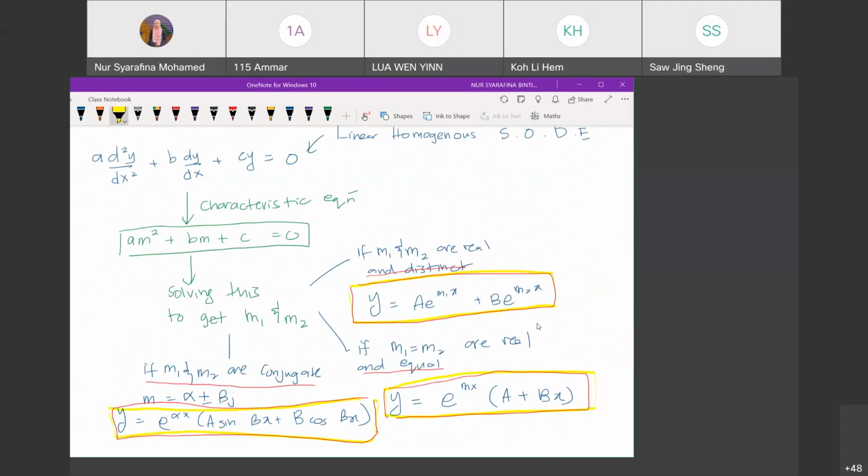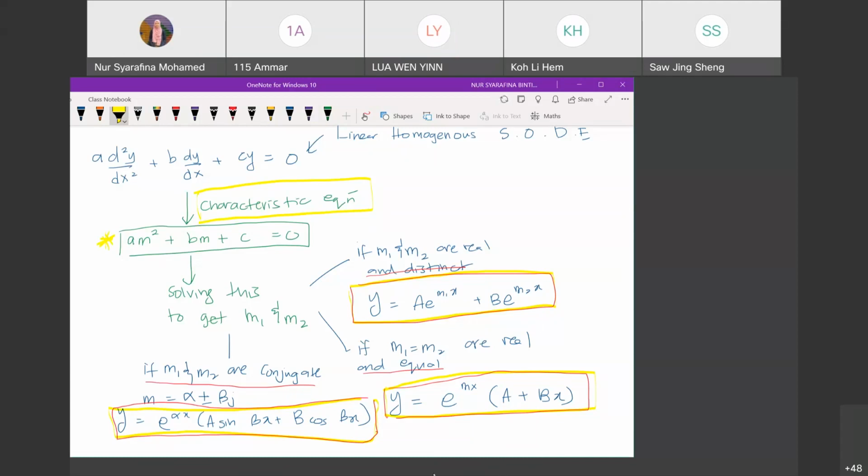Before you can find the solution, first thing first, you need to convert to the characteristic equation and solve this quadratic. So this is the basic idea of solving the second order differential equation. Characteristic equation, solving quadratic, identify the roots and what are the types of the roots. Okay, and then identify the solution.